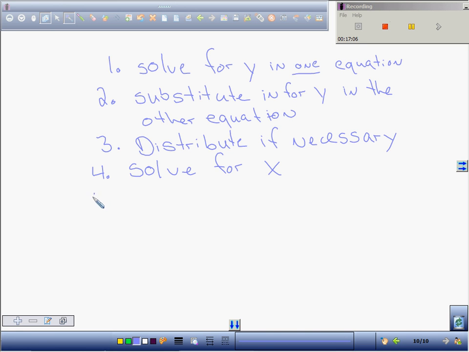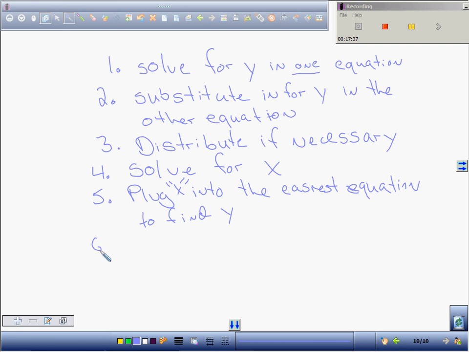And step 5 is plug x into the easiest equation to find y.